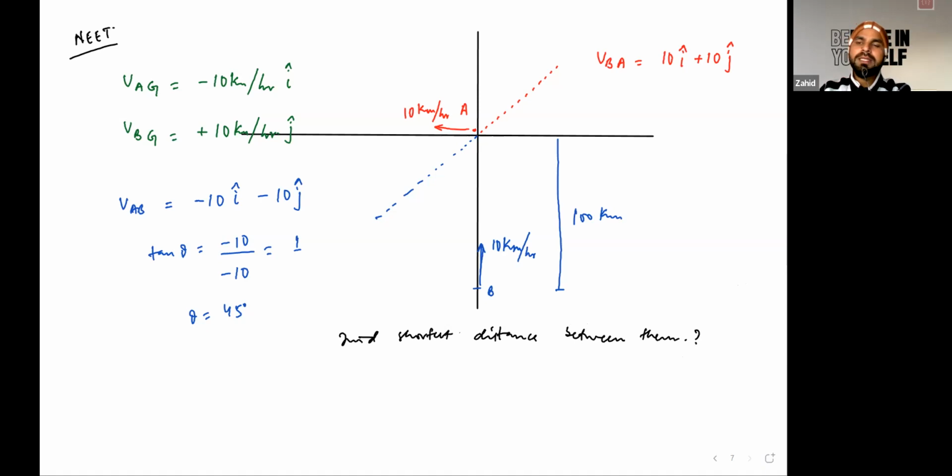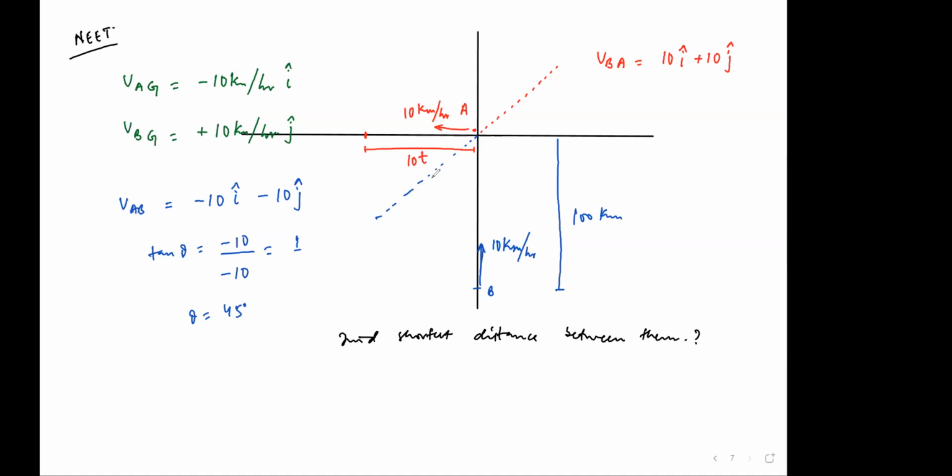Suppose at any instant t, A has moved some distance along this direction, west, to reach this point. So the total distance from this point to this point will be velocity into time, just 10t. Is it clear? Yes, sir.